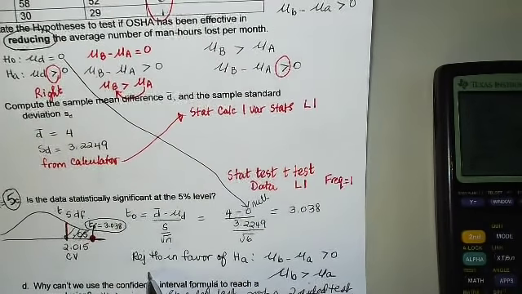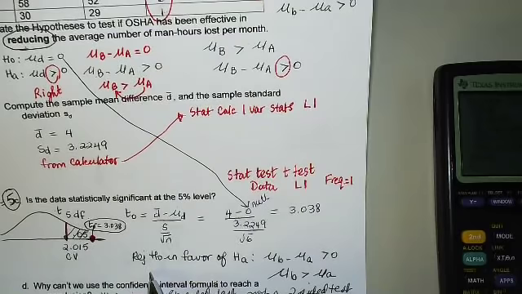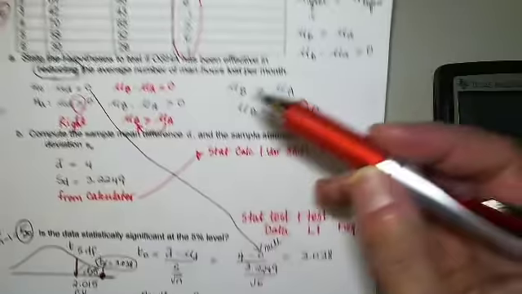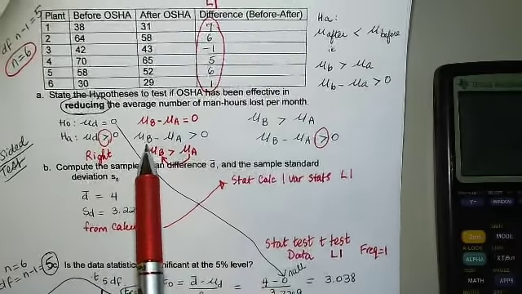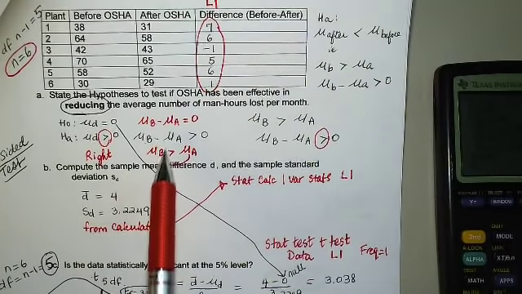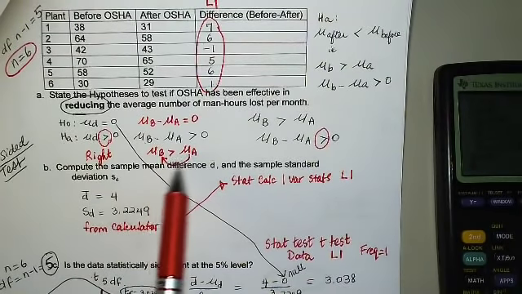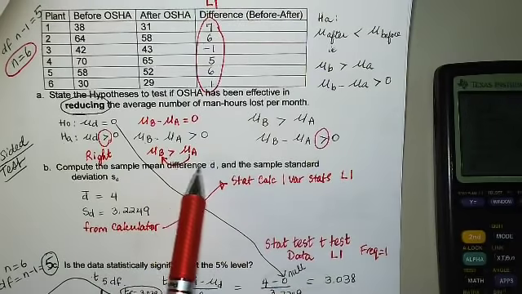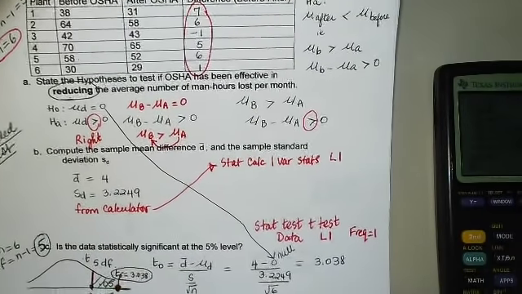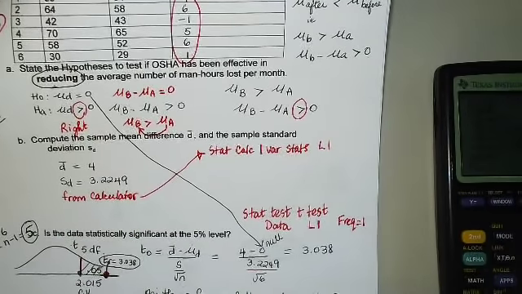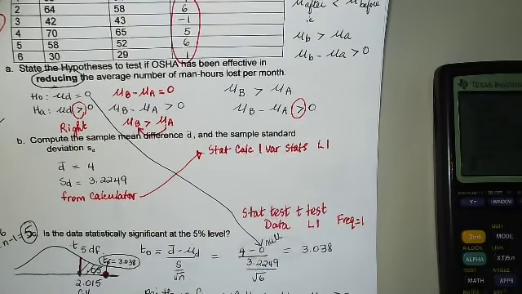2.015 goes right here. It's the critical value. And then I drop my test statistic, 3.038, and it's here in the rejection region. So my conclusion: reject H0 in favor of HA, meaning that mu before is greater than mu after.